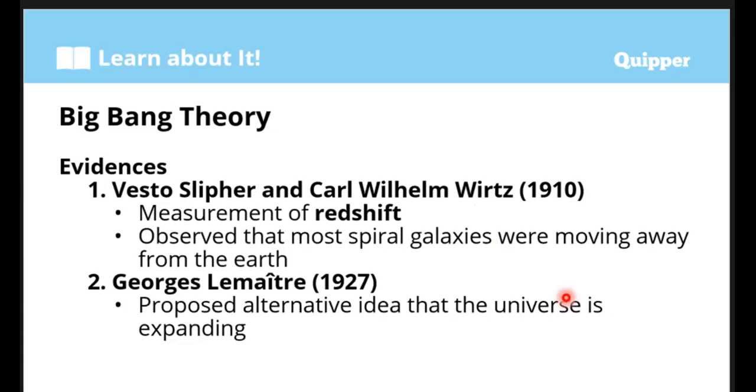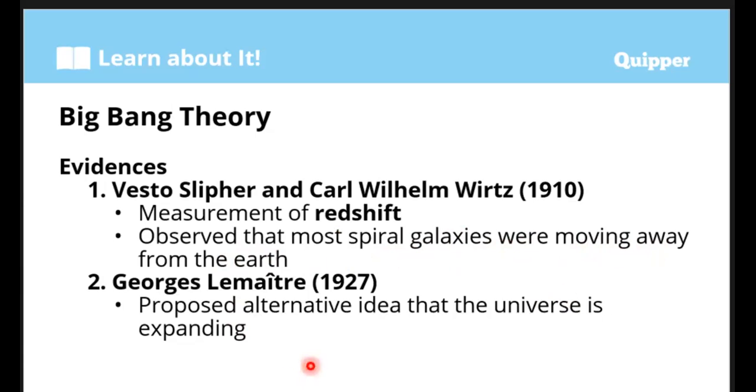Later on in this discussion, I'll be explaining to you what a redshift is. Observe that most spiral galaxies were moving away from the Earth. Take note that according to the Big Bang theory, the universe continues to expand and expand. Thus, they noticed that the spiral galaxies were moving away from the Earth.